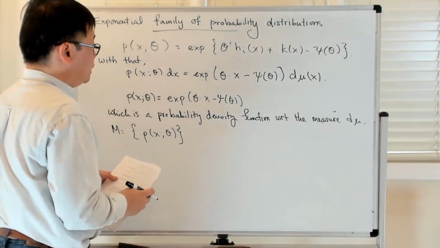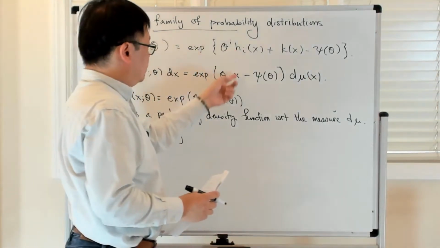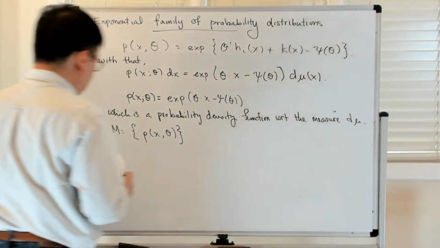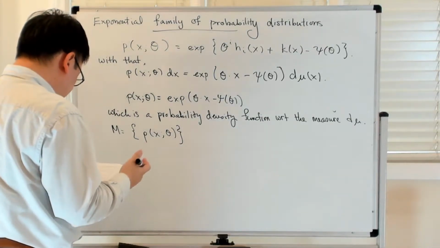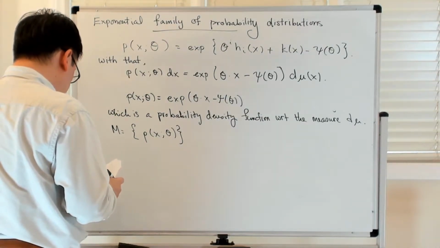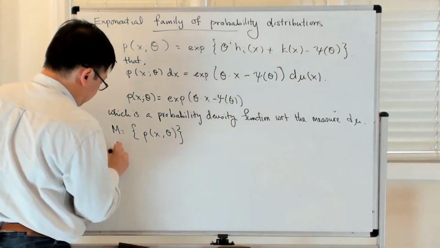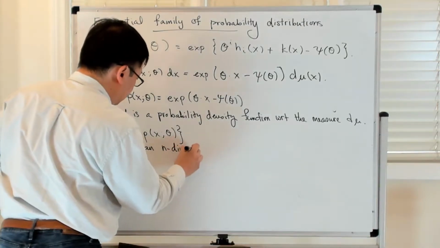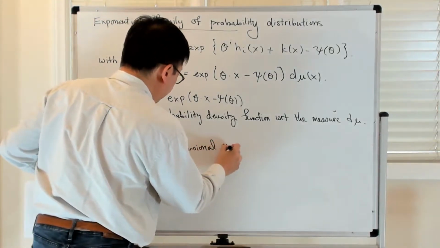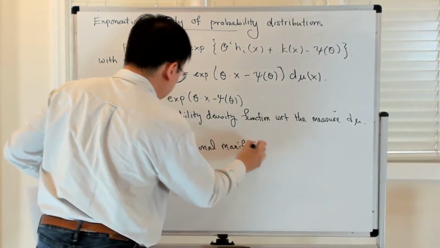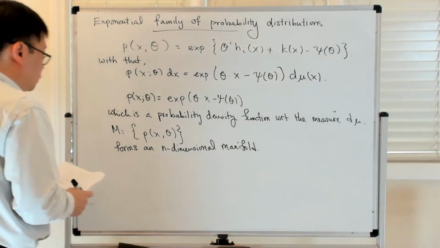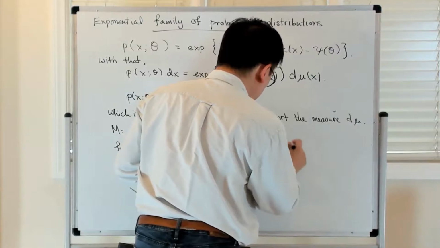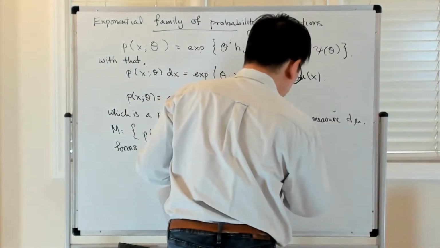And we know that it is parametrized by the thetas. So this forms an n-dimensional manifold, where theta is the coordinates, a coordinate system.